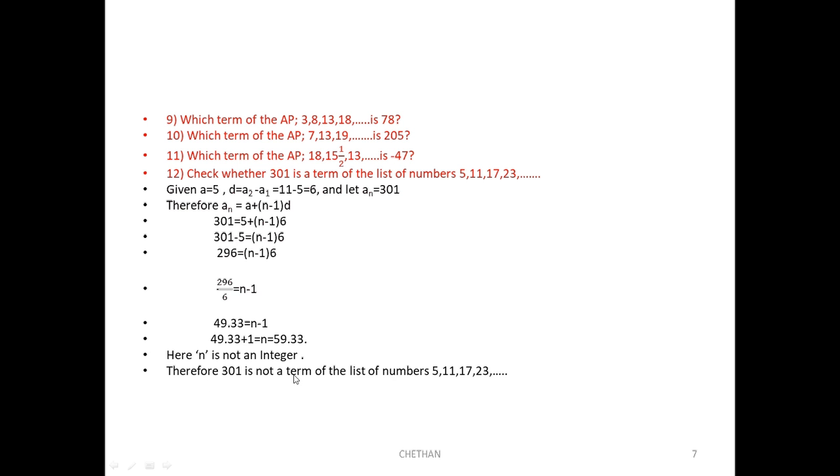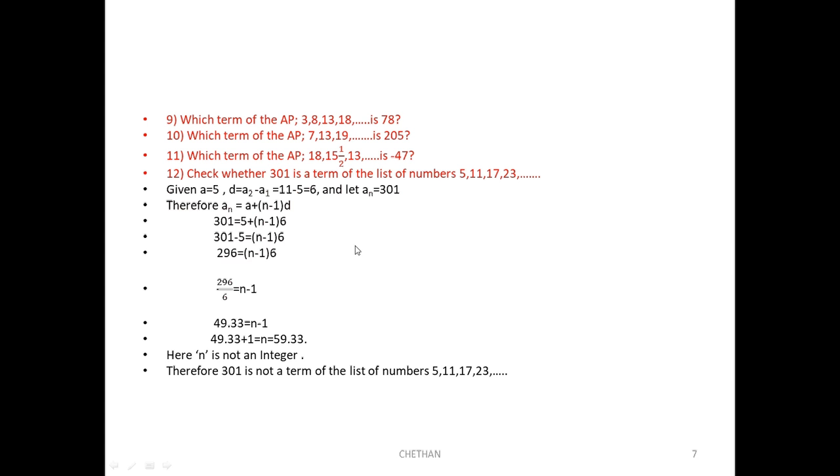Therefore 301 is not a term of this list of numbers. 301 is not in the AP list, because n is a decimal. It was wrongly written as 59.33, but it is 50.33, and that is also not an integer, it is a decimal only. So 301 is not in the list of these numbers.